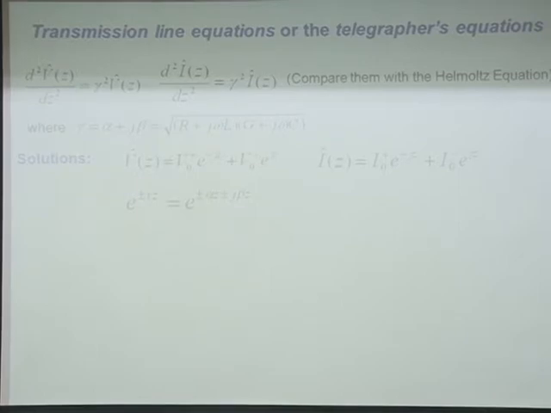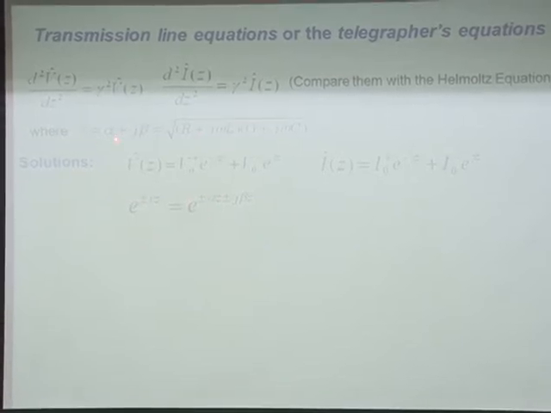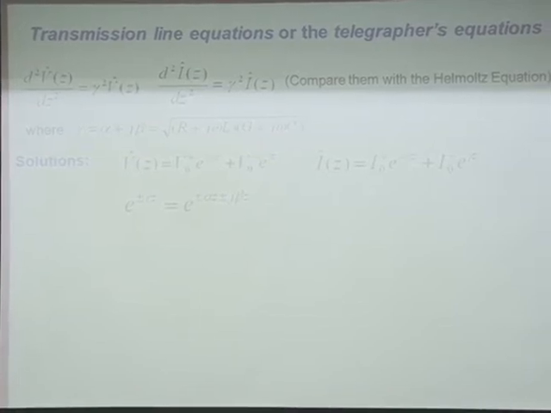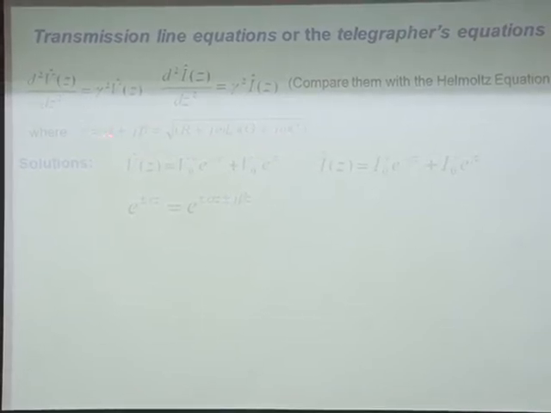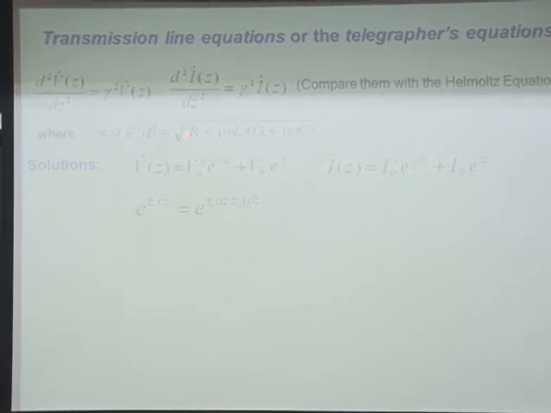Therefore, it tells you that the signal is growing over distance. Okay. So this is one thing you have to pay attention to. Gamma could be a real number, could be an imaginary number, and very often you have both the real number and imaginary number, depending on the value of R, L, G, C.